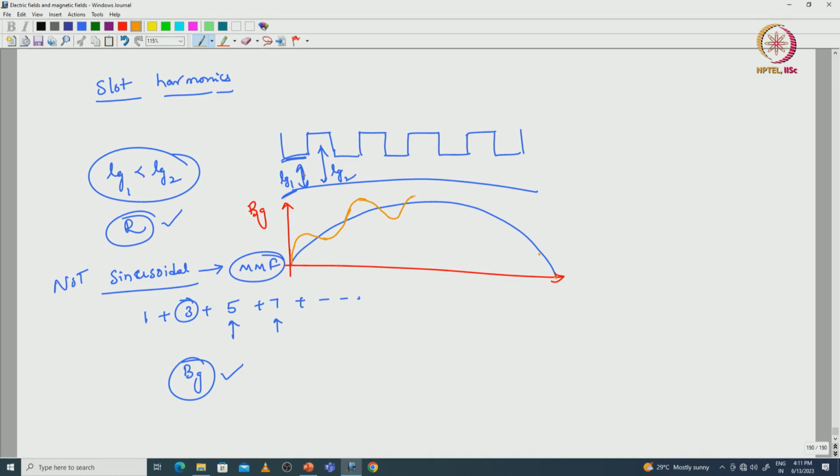Wherever the air gap length is smaller, where the reluctance will be smaller, then the B value will be higher, and wherever the reluctance is more or length of the air gap is more, then the flux density values will be less.